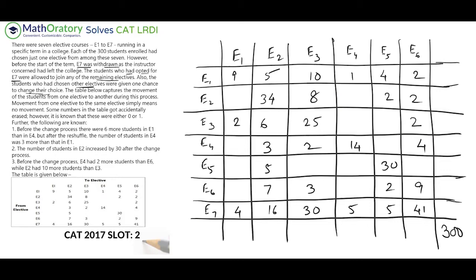But let us try to understand how this movement is happening. So suppose from E3, the number of people who are moving to E1. That is how we should capture it, right? So this is the from elective and this is the to elective. That is how the table is indicated, isn't it? So from E3 to E1, there are two people who are moving, right?